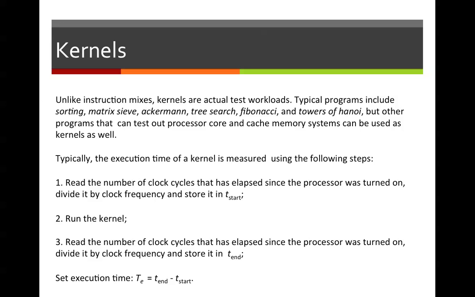So typically what we do is we just read the number of clock cycles that has elapsed since the processor was turned on, and then divide it by the clock frequency to get the time of start. And then run the kernel, and then read the number of clock cycles that has elapsed since the processor was turned on, and then that becomes the end. And so the execution time will be the difference between the T-end and T-start times that you recorded.